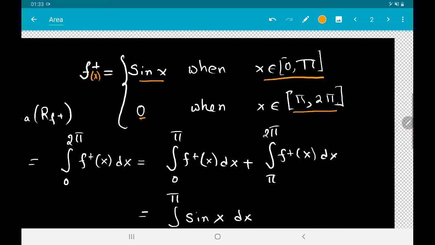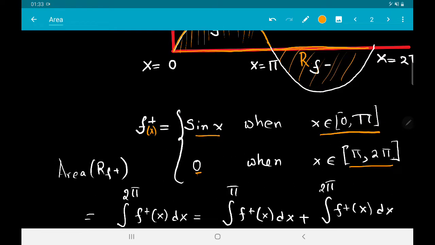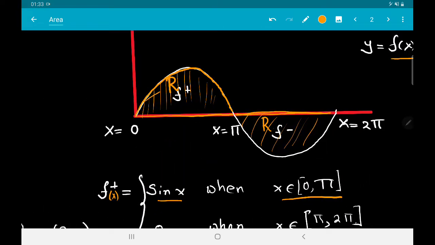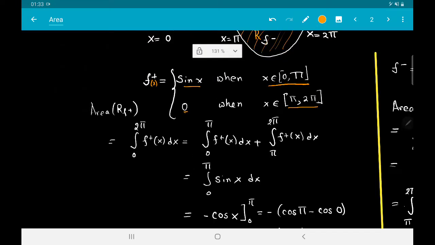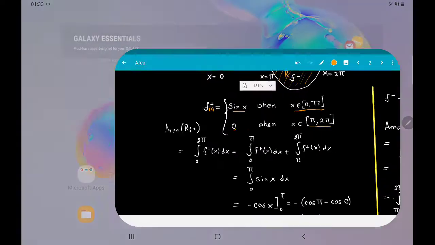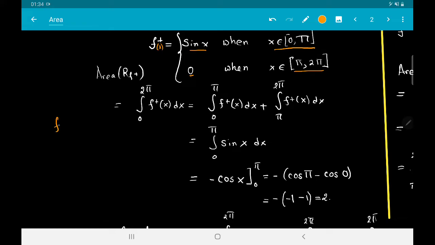Let me compute the area of R_f plus. This is the area of R_f plus that we are interested in. How do we compute it? We have seen that f plus is always a non-negative function, so we can compute the area of R_f plus.